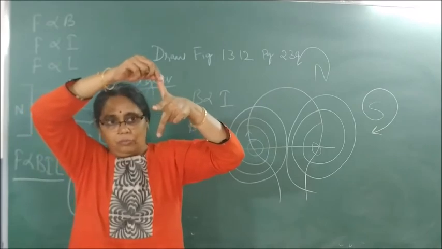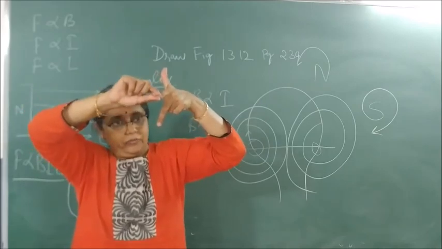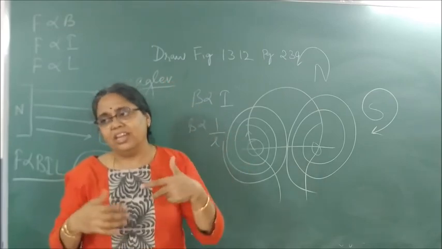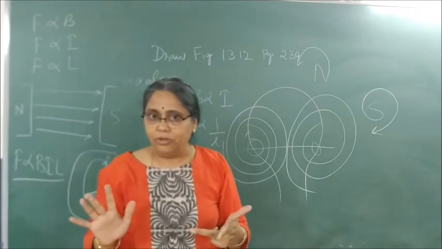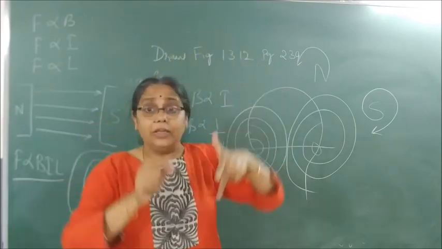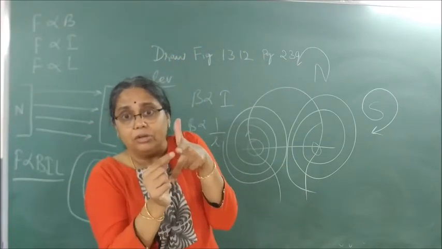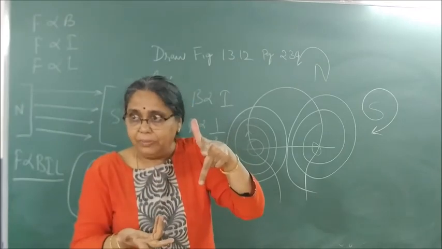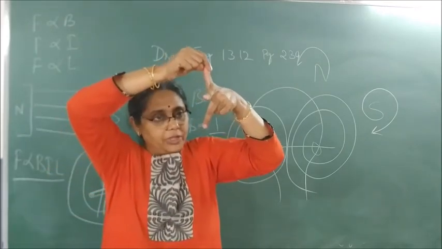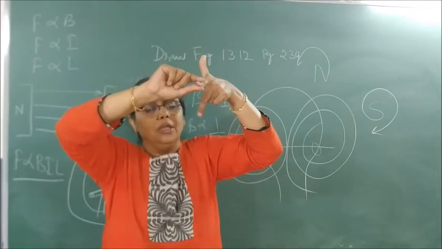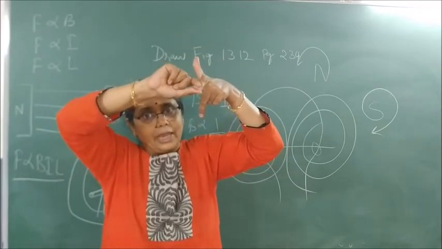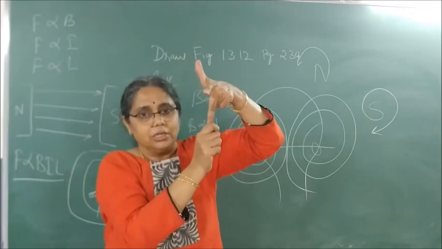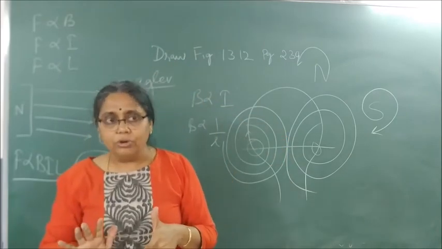M is motion, F is field, C is current. Fine, you can name it whatever you want. They will write MFC on the top and go to the science exam. Is it so difficult to remember? M is movement of the conductor or magnetic force, F is magnetic field, C is current.